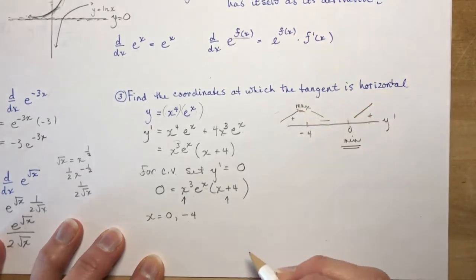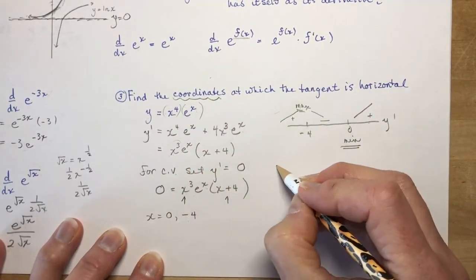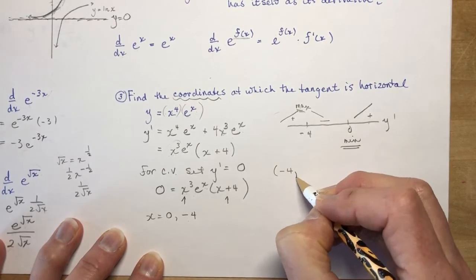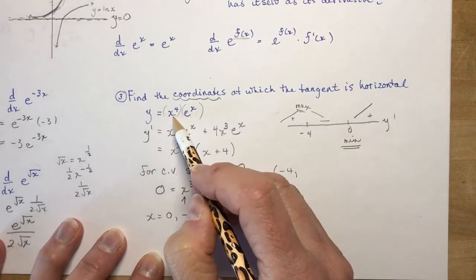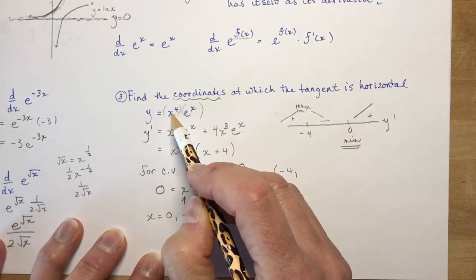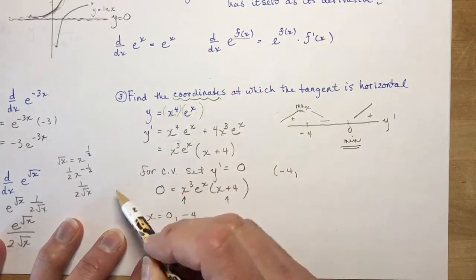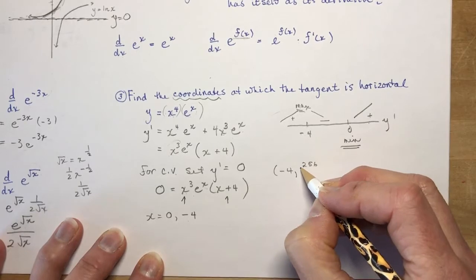So I need to know the coordinates. You were asked for coordinates. So I need to know minus 4 and what is the y coordinate when x is minus 4. So when x is minus 4, I would have minus 4 to the power 4 is 256. 4 times 4 times 4 times 4.